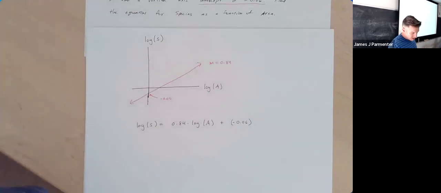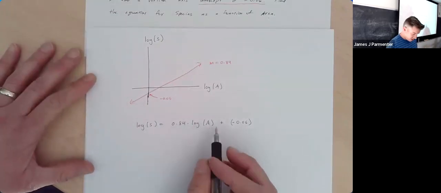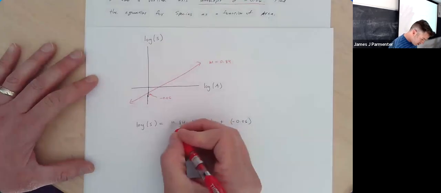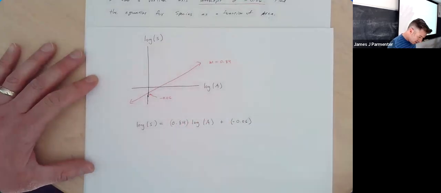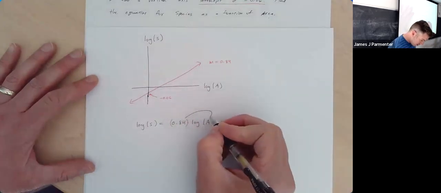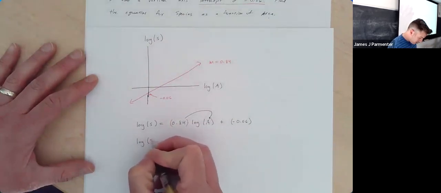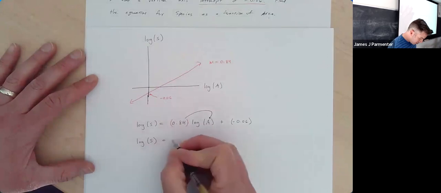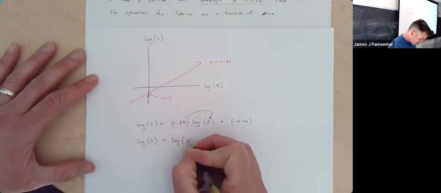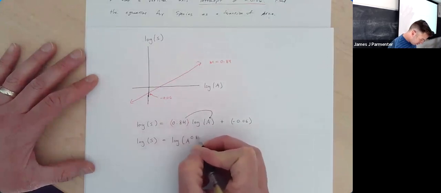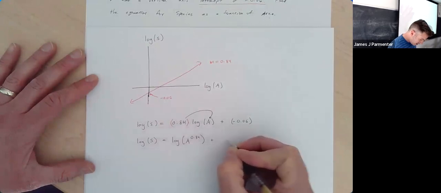Now, I think it might be worthwhile if you've got a log of A here to go ahead and bring this 0.84 up as the exponent right there. So even before writing both sides as 10 to a power, this is log of S equal to log of A to the 0.84 power plus, do it again, negative 0.06.